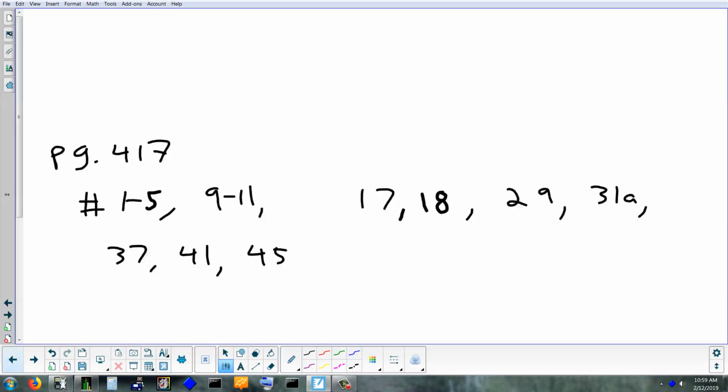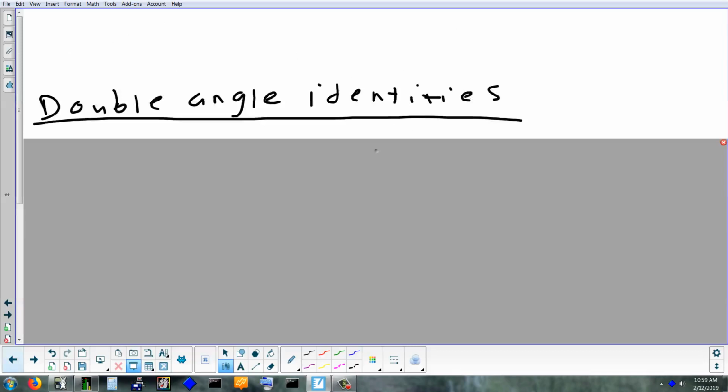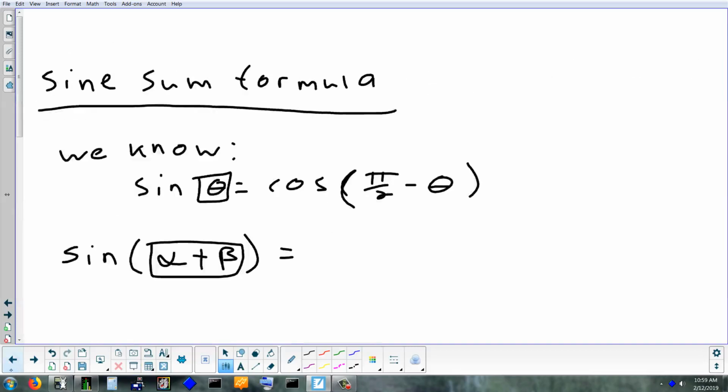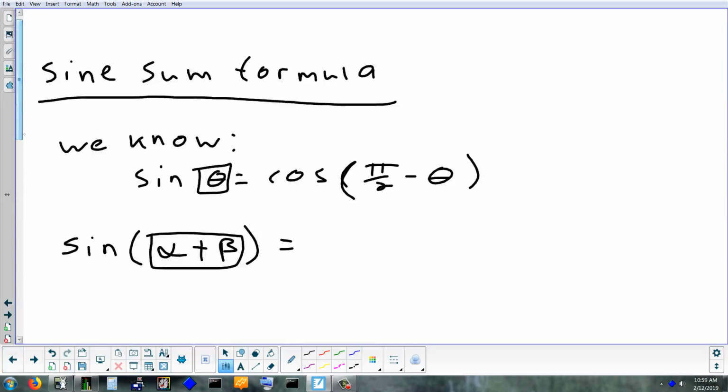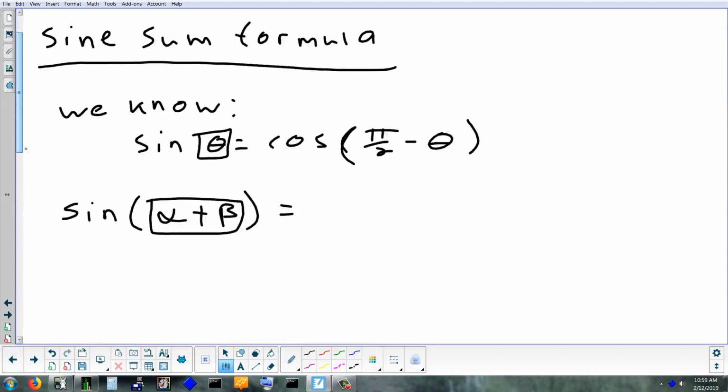Let's go back and look at it. Double angle, sine sum formula. Okay, so I didn't save it. But can somebody remind me what the formula for the sine of a sum is? Rob?